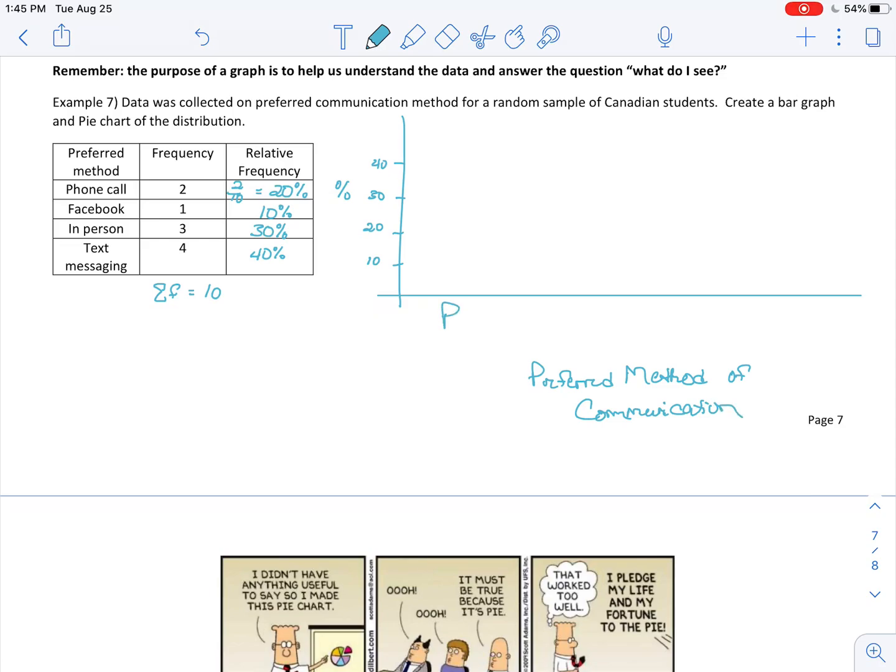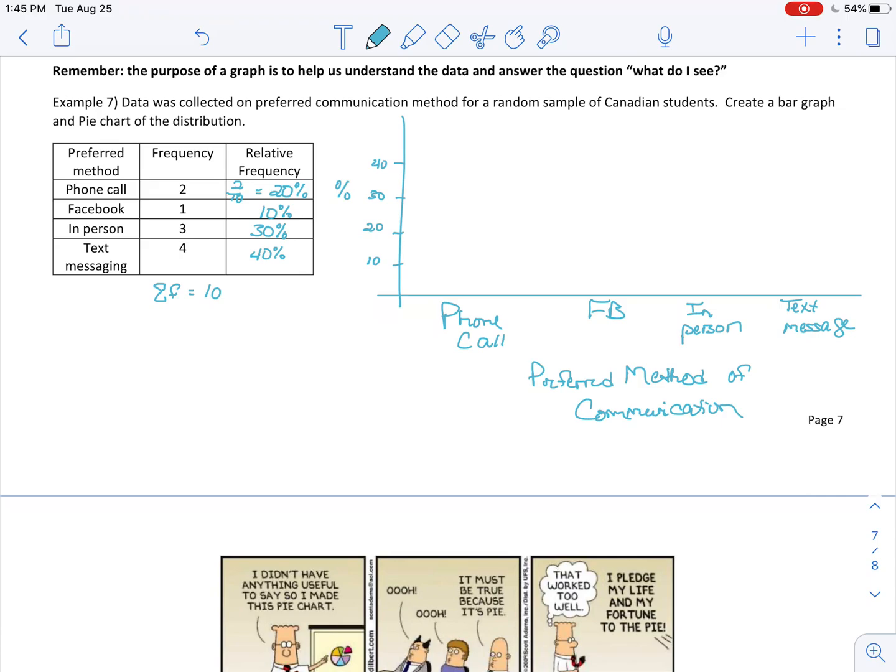So some preferred phone calls. Some preferred Facebook, some preferred in person. Almost nobody prefers Zoom, and some people prefer text messaging. So you'll notice that this is not a number line, so order doesn't really matter here.